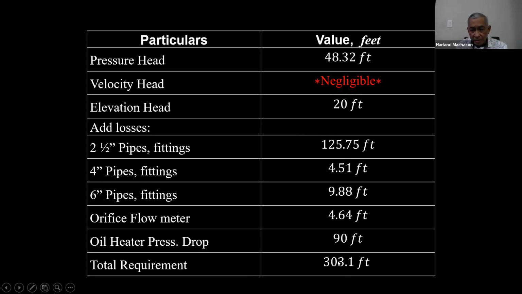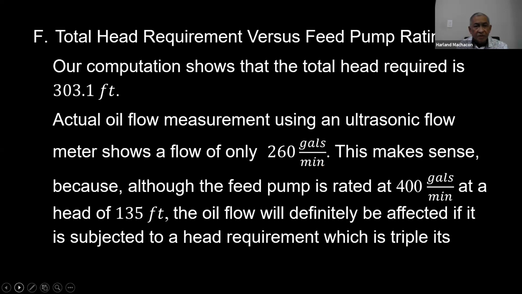The total is 303.1 feet. Now, our computation shows that the total head requirement is 303.1 feet.